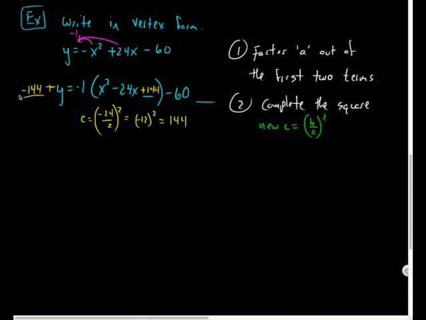I want this equation solved for y. So instead of subtracting 144 from over here, I'm going to just do the opposite of what this effect was right here. So I'm going to add 144 here. And let's see, to find this number, this is what you do. I guess I could write a little formula for it.